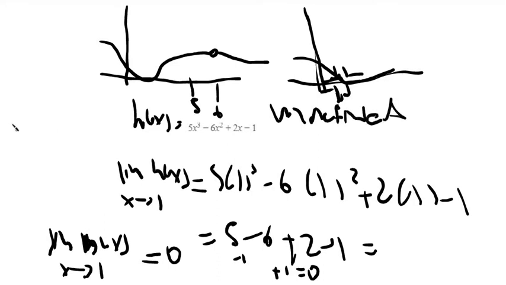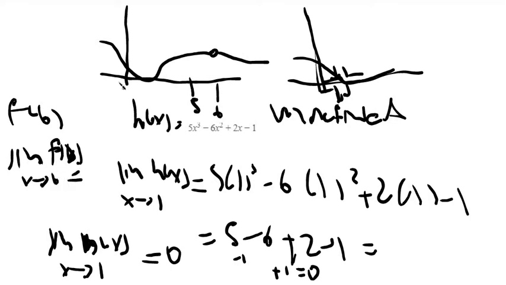So f of 6 will be undefined, but as x approaches 6, f of x would appear to be 4. Where the point lies, as you approach it, it would be 4. But that doesn't mean it is 4.